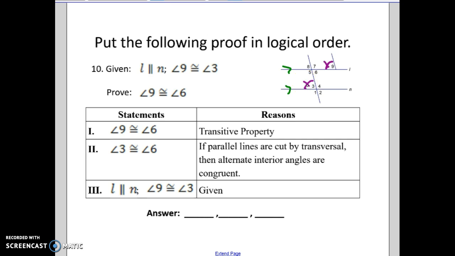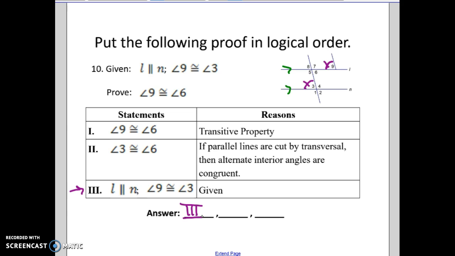And now they want us to put these in logical order. Well, the first piece we always look for is our given, because it always goes first. So right here, my given. So my first step is step 3. Okay. Then it says we need to figure out, do we want to do angle 3 is congruent to angle 6? Do we want to do angle 9 is congruent to angle 6?